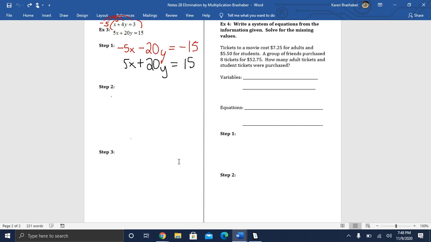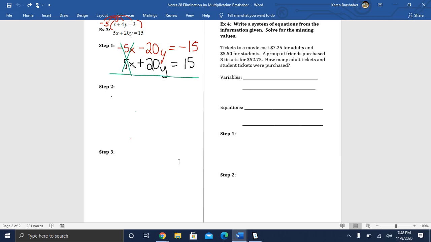Now, at this point, I hope you're noticing something, and that is that everything has the same coefficient in front of your variable, but opposite signs. So not only do my x's cancel as I wanted them to, but my y's also cancel.